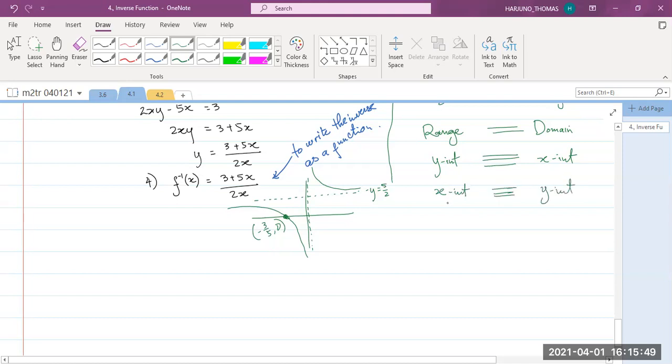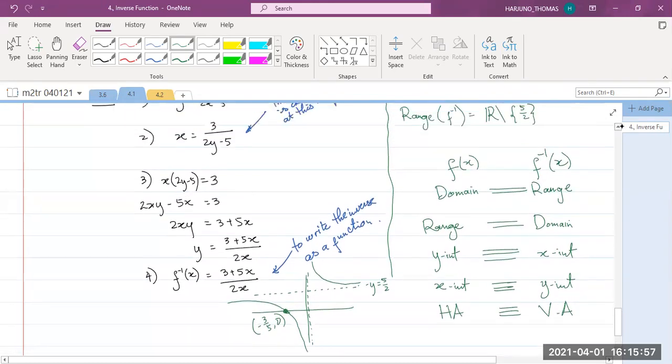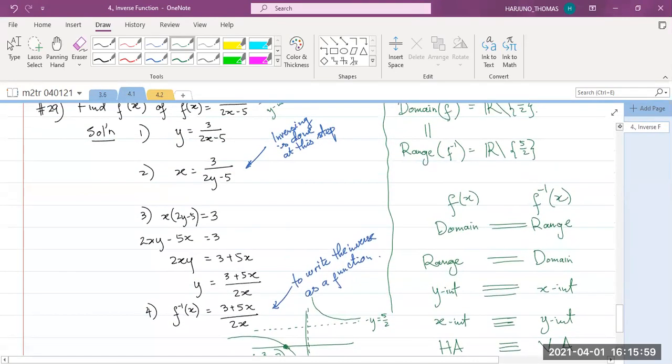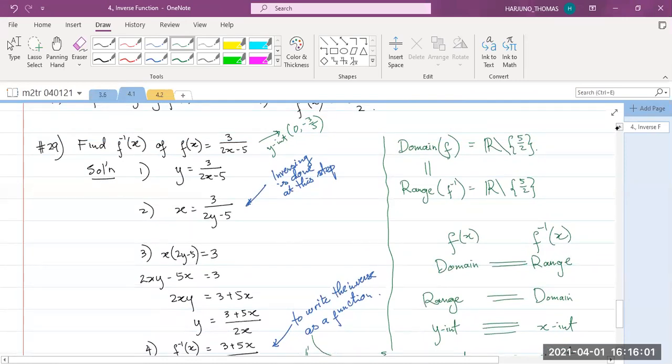In fact, the horizontal asymptote becomes the vertical asymptote. The horizontal asymptote of this function is y equals 0, because the degree on the top is less than the degree at the bottom.